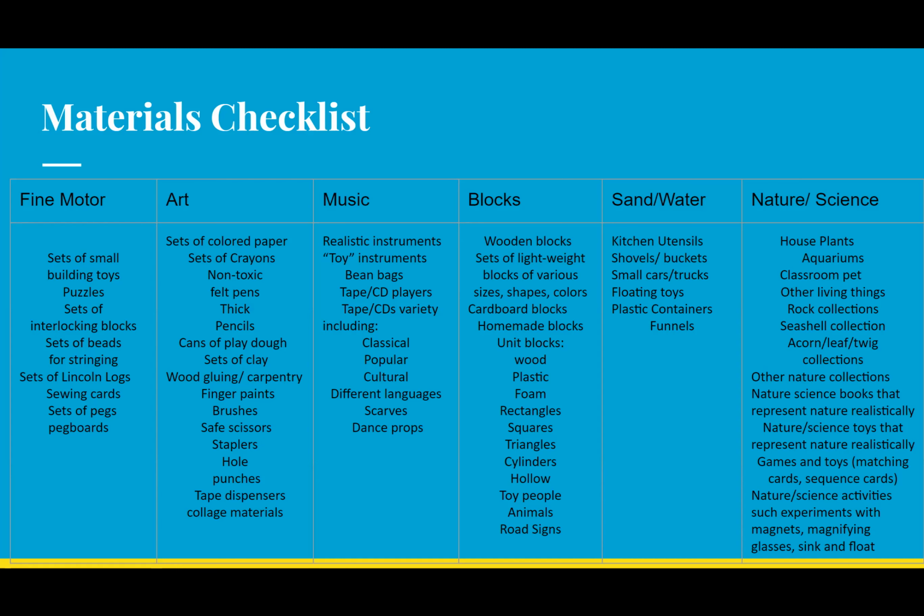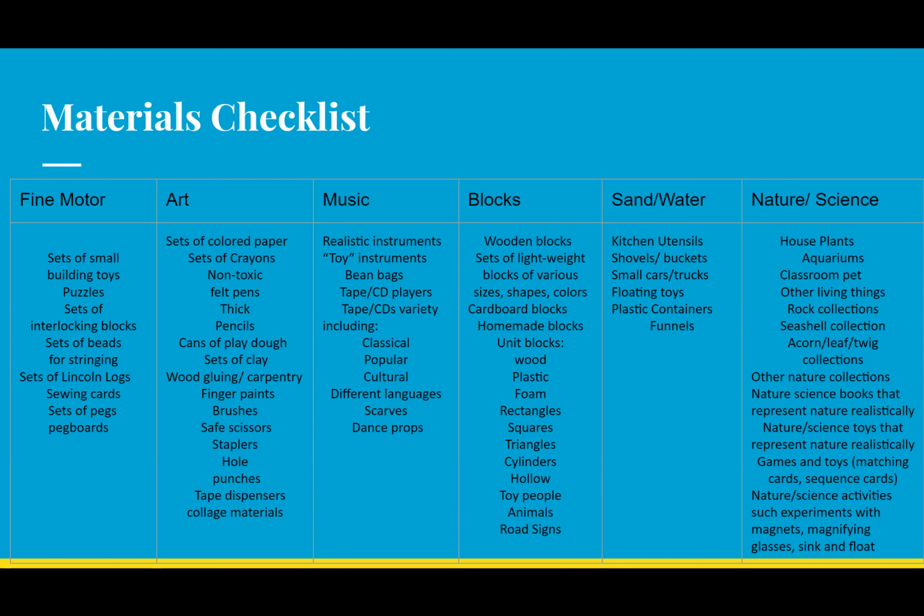And then in art area, we would like to have a variety of materials for the children to make collages or 3D art, and having different type of drawing materials such as crayons and colored pencils and markers. In music area, maybe we want to have different types of CDs and different types of music, and props for them to use to dance with, such as scarves.